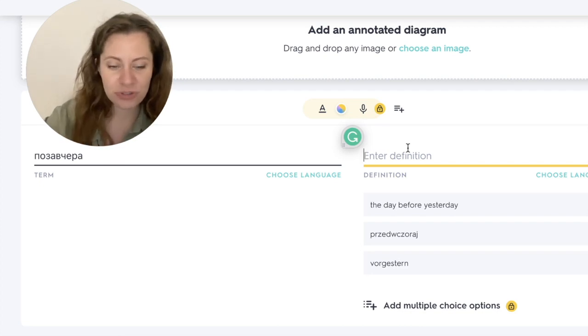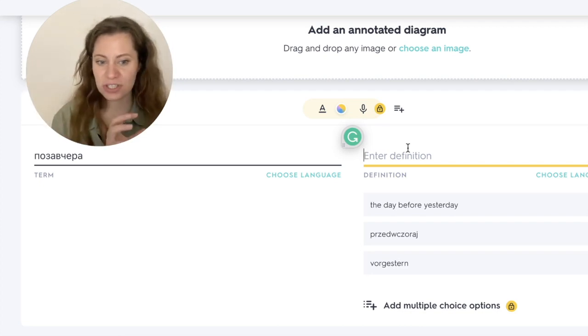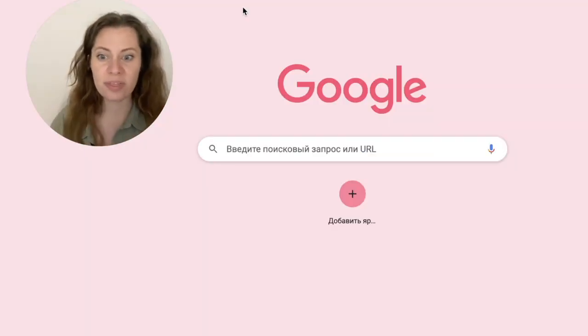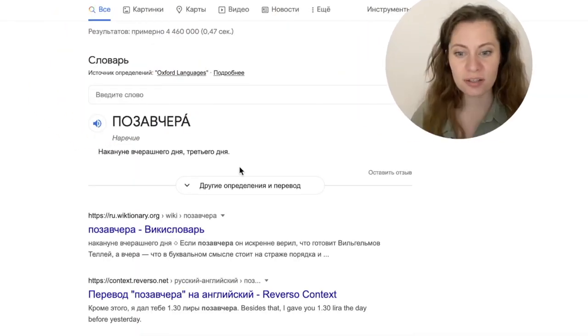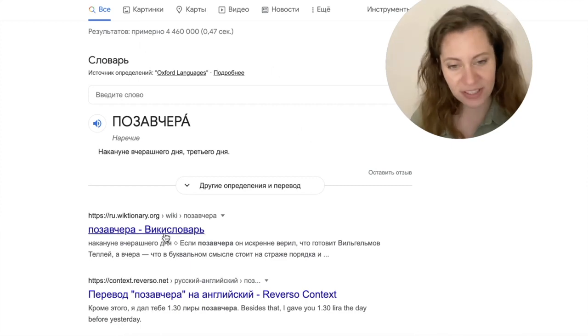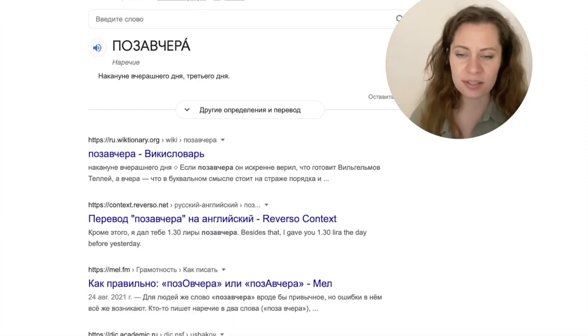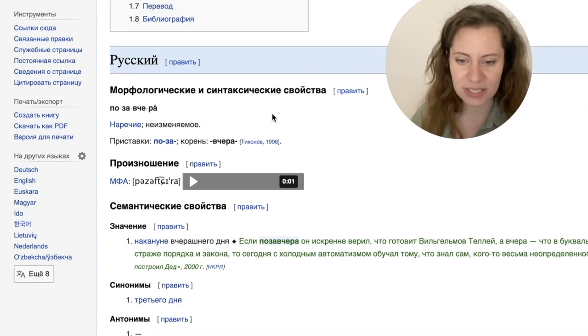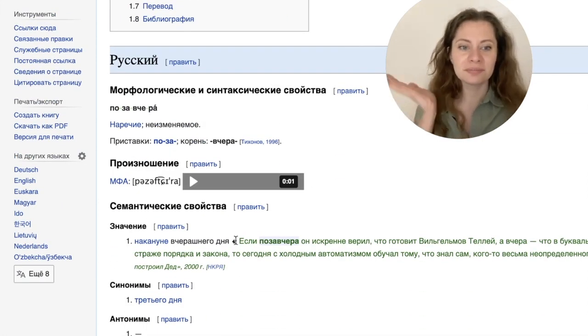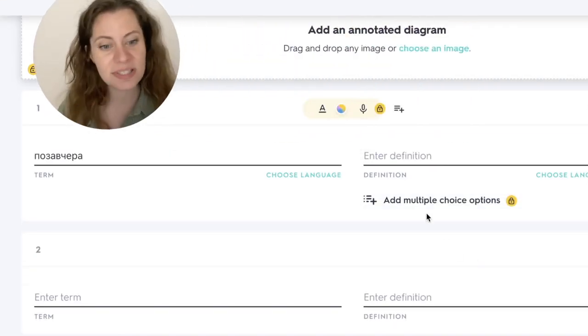I could write the definition of this word in Russian, and ask what that is. Позавчера, накануне вчерашнего дня, третьего дня. I think that it will be very complicated. The problem with these definitions is that often they're quite complicated, and I just need to make them myself. Накануне вчерашнего дня. I think no comments, да, без комментариев.